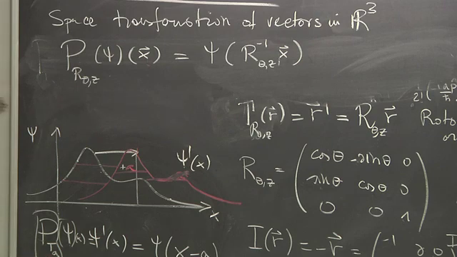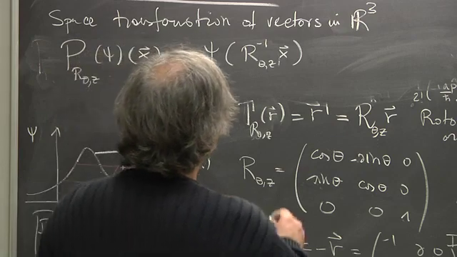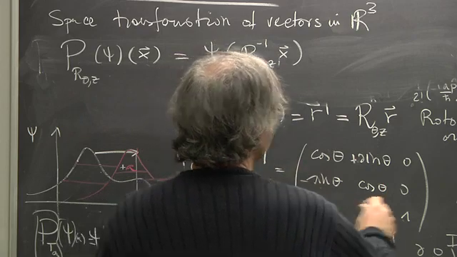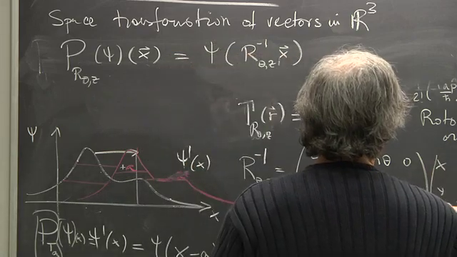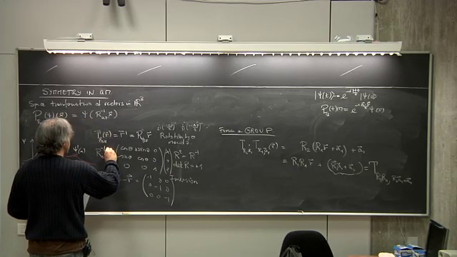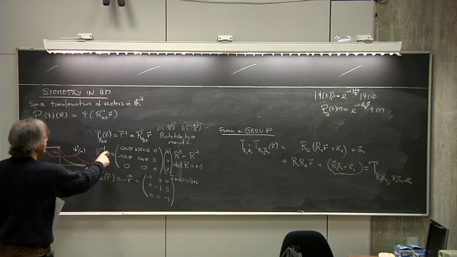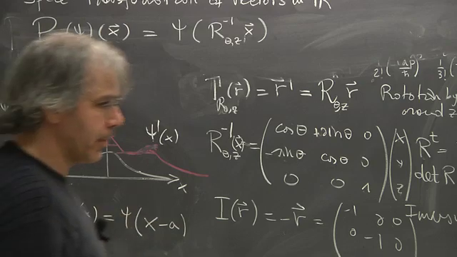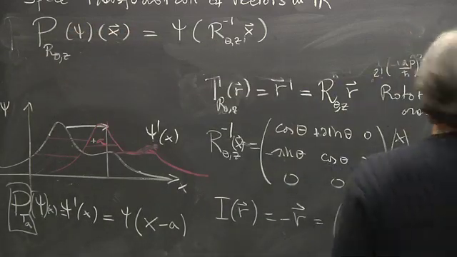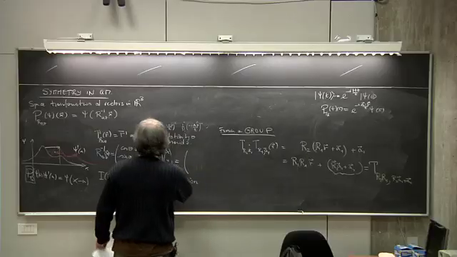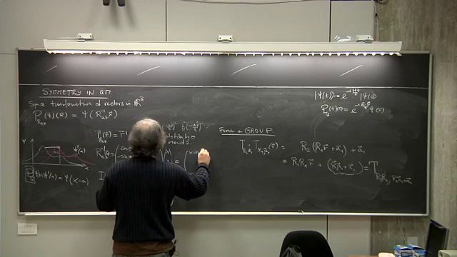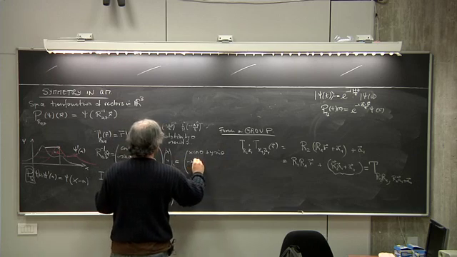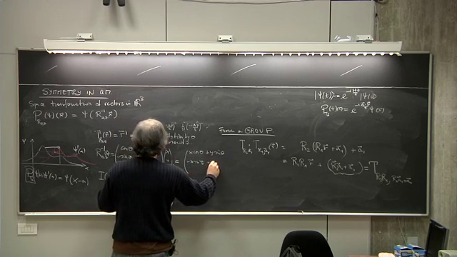But what is r to the minus 1 x? R to the minus 1 is this. So r to the minus 1 x means you have to apply it to the vector x, y, and z. I write x vector, but if I have to write the coordinates, I write x, y, and z. So it's very simple to calculate this object. The first component is x cos theta plus y sine theta. The second component is minus x sine theta plus y cos theta.